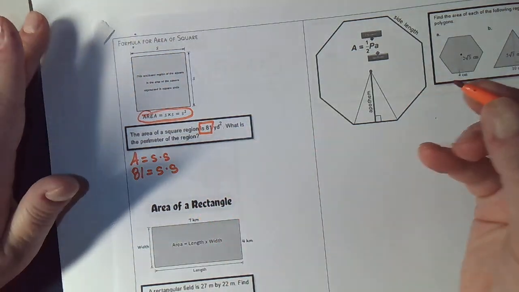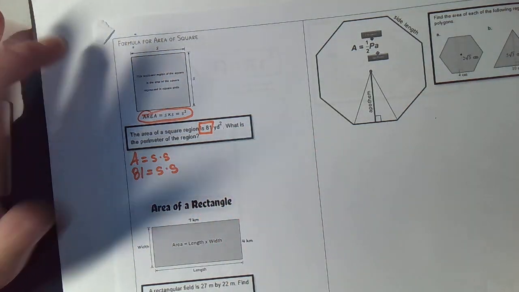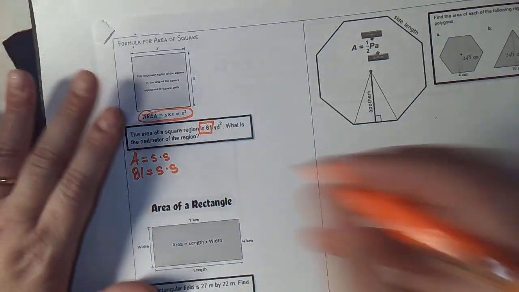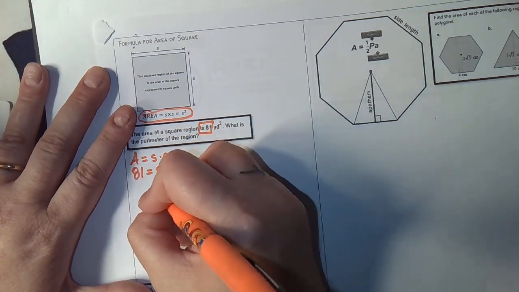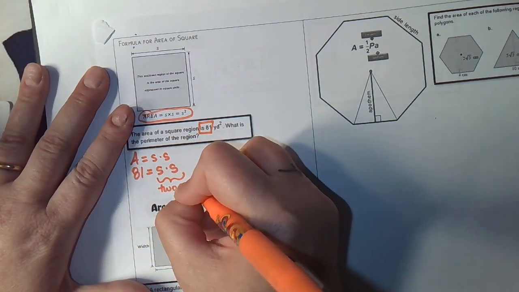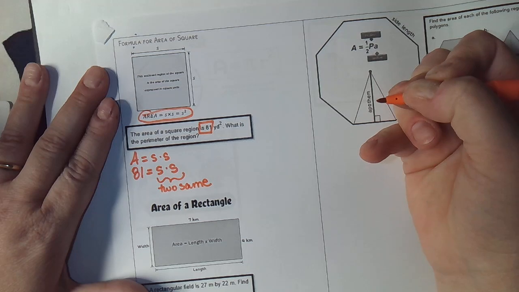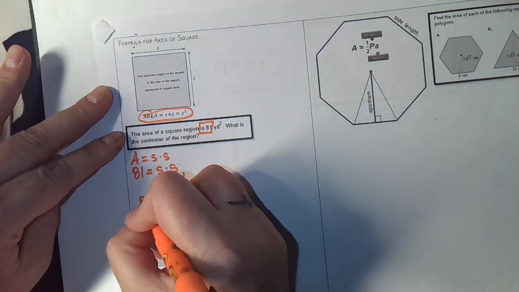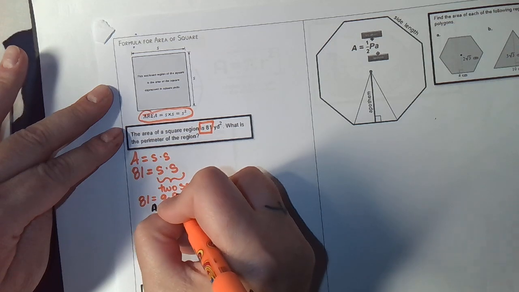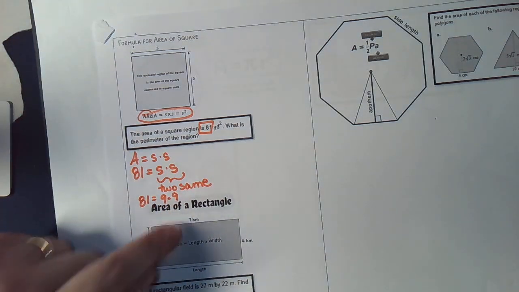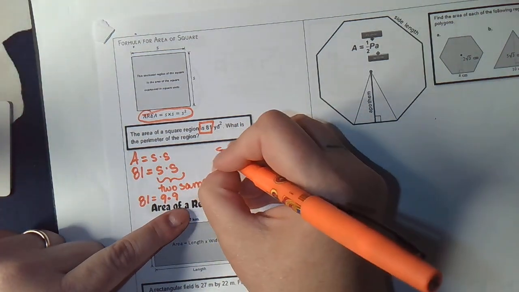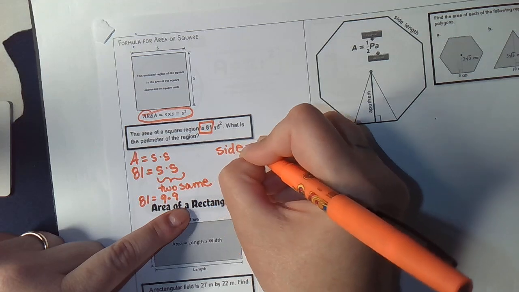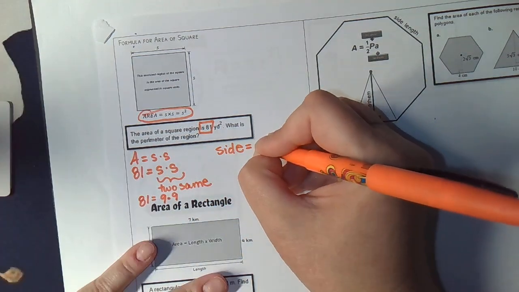So what two of the same numbers multiply together to get 81? And the answer is 9. The two numbers that multiply together that are the same are the numbers 9. So that means our side of this square is 9.